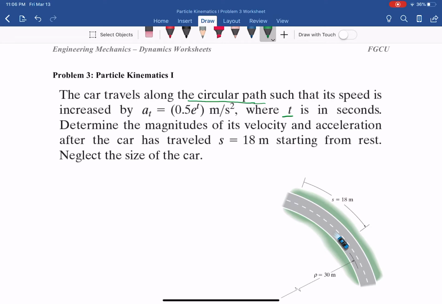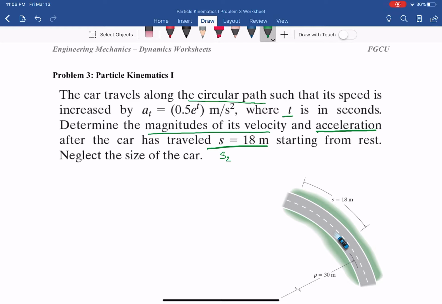And the question: determine the magnitude of the velocity, so speed, and also the magnitude of acceleration after the car has traveled s equal to 80 meters. So this is basically s2, right? That will be the s2 there.